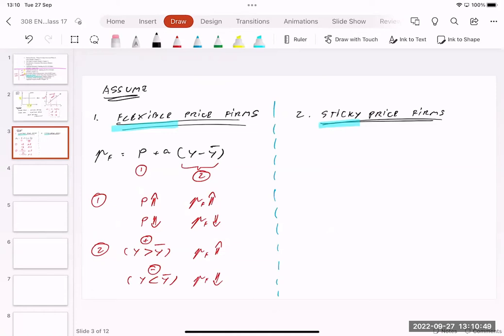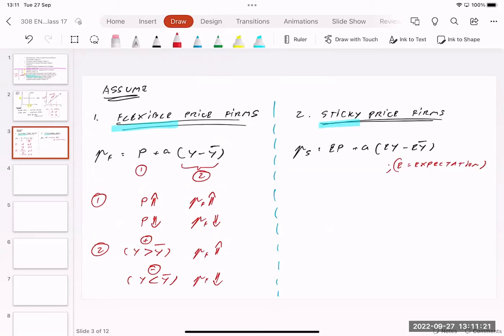So the price of this firm, small ps, we're going to determine in the same way. The difference is we're going to have E in the equation. Instead of P, right now we're going to write EP plus A times EY minus EY bar. And E in this case comes from expectation. Expectation is how you expect, think or forecast about the future.